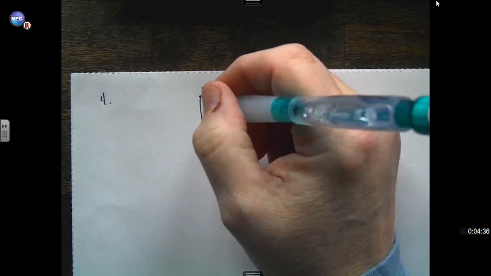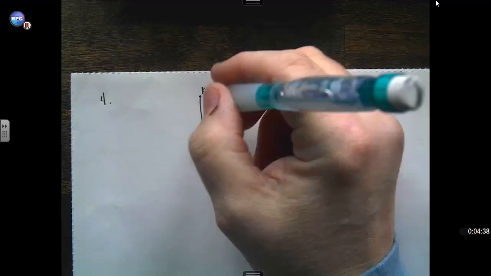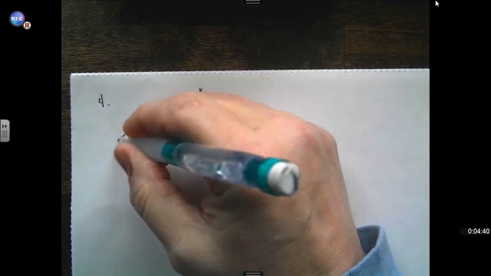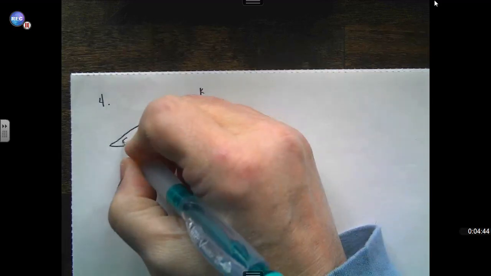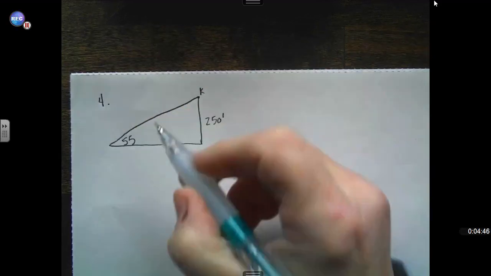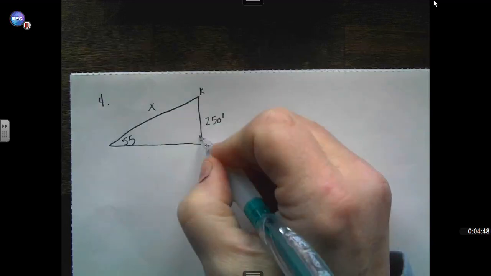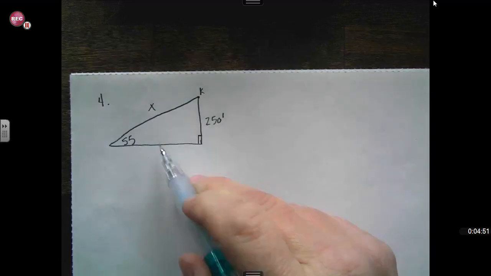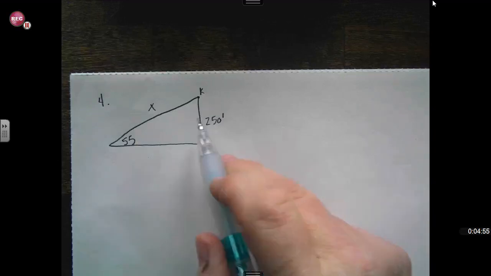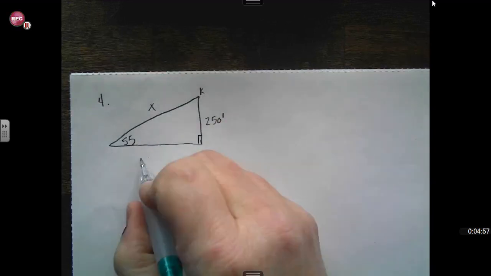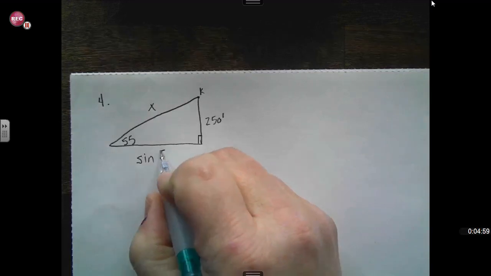How many feet of string are used if the angle of elevation is 55? So this angle of elevation is 55, and we want to know how much string is used. With respect to this angle, I have the opposite side, and I'm looking for the hypotenuse. So I think sine would work.